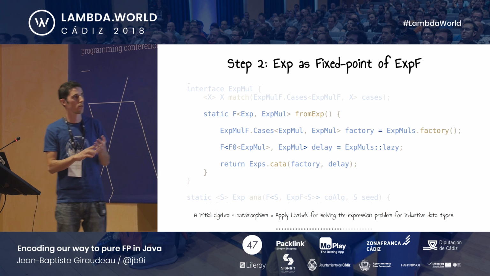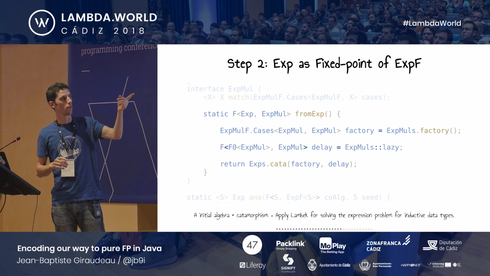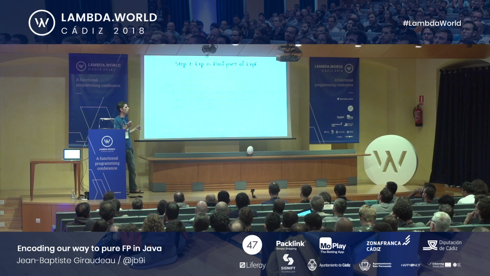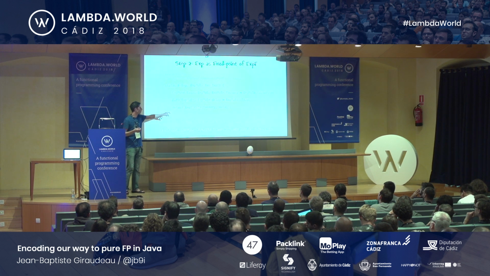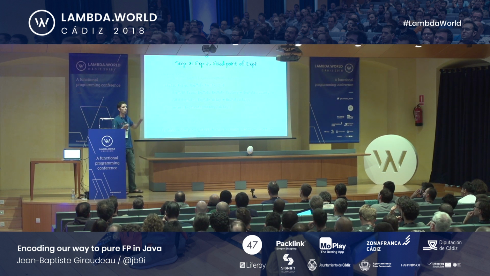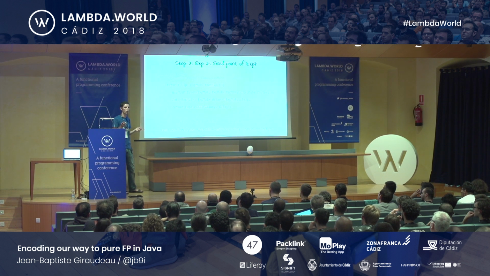So the way you do that is that you initialize a factory that is just a visitor implemented using the constructors of ExpMul, and you pass it to the catamorphism generated for Exp. Catamorphism, does this speak to you? It's for list, for example. What is a catamorphism for list? It's fold right.